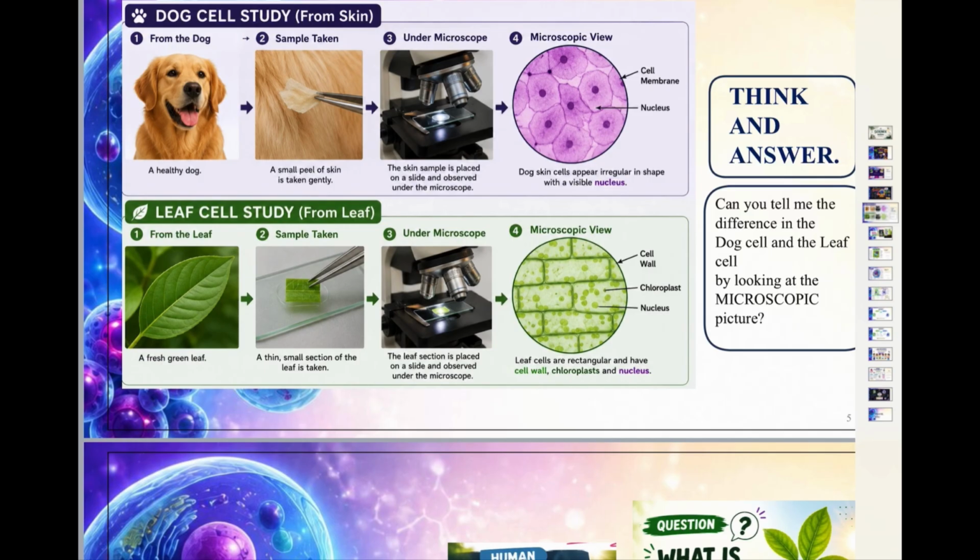That's why they have a proper rigid shape. And also plant cell consists of the organelle called chloroplast. Chloroplast is absent in animals. Chloroplast is the organelle which is carrying the pigment called chlorophyll, which is helping the plant to perform photosynthesis.